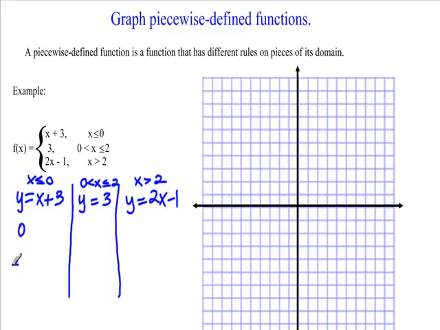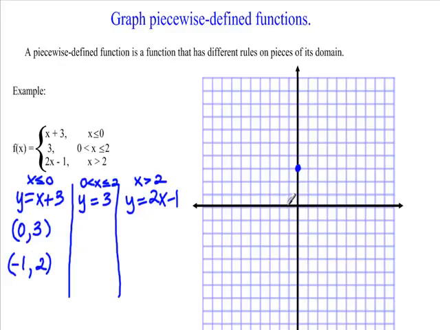And then when we plug it in, 0 plus 3 is simply 3, and then negative 1 plus 3 is 2. So on this particular piece of the graph we have the points (0, 3), which notice is included as part of that graph because we're allowed to include 0 there, and then (negative 1, 2).